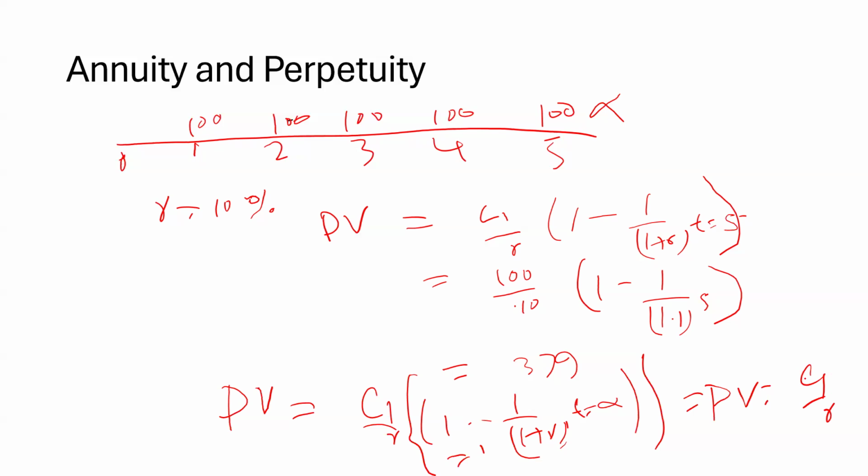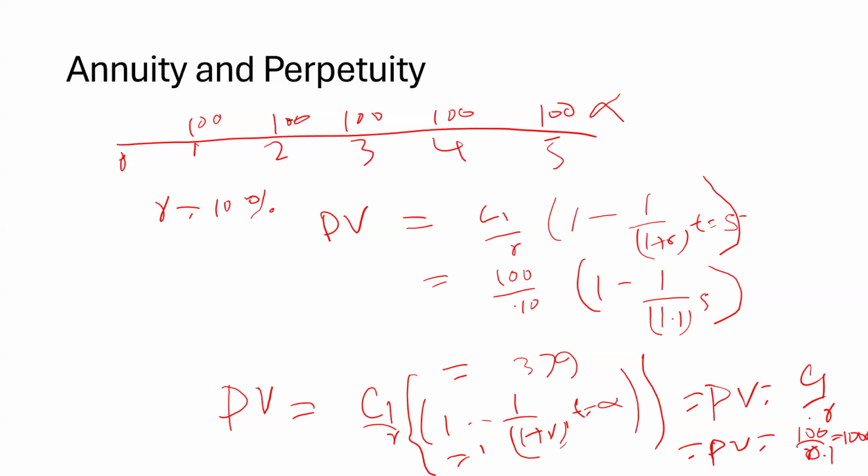So in that case, if these are the cash flows, $100 forever, the present value will be 100 over 10%, and that is 1,000, right?